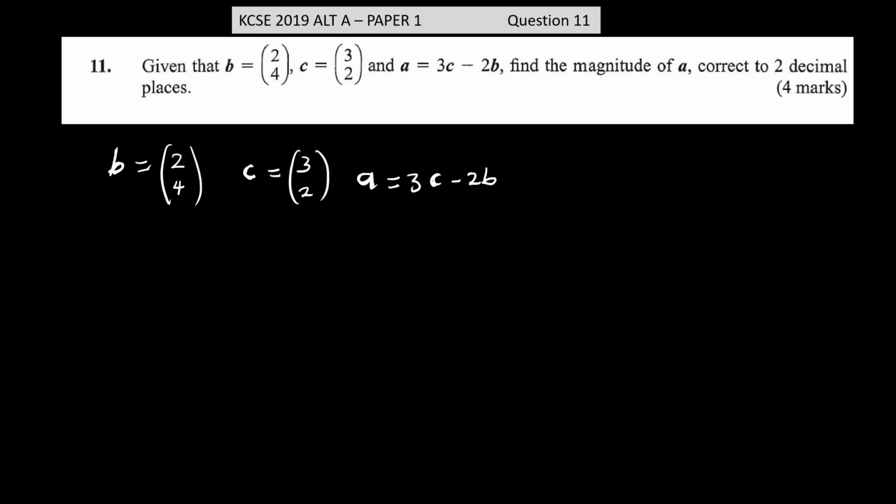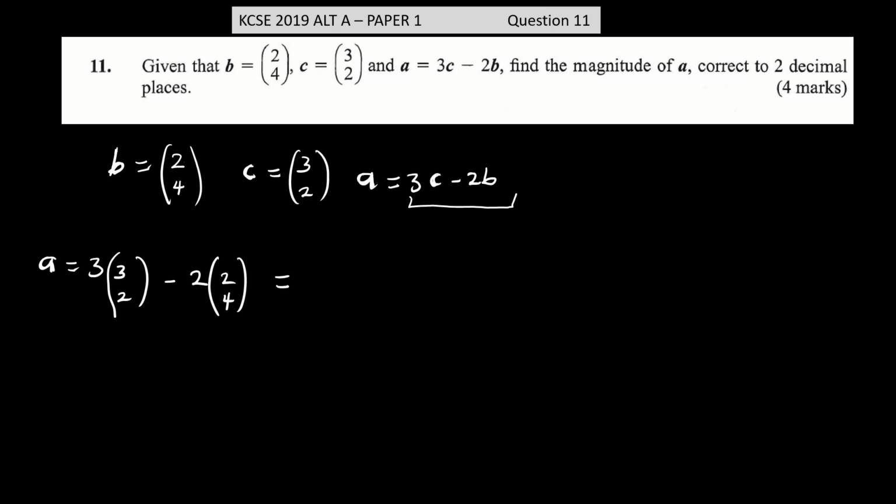We have to find the magnitude of vector A. What 3C simply means is that we are going to multiply vector C by a scalar 3 and vector B by the scalar 2. So A will now be equal to 3, this is scalar multiplication, times C, which is (3, 2), minus 2 times B, which is (2, 4).